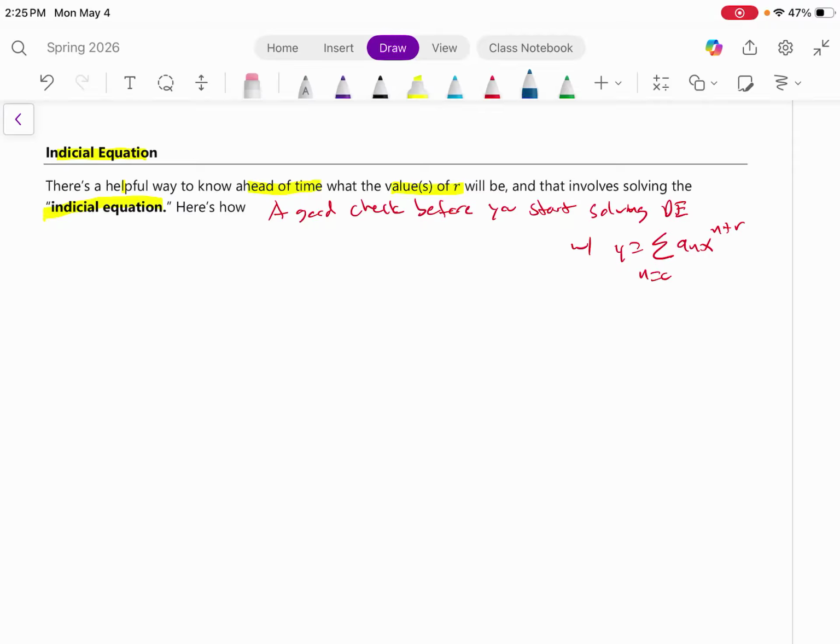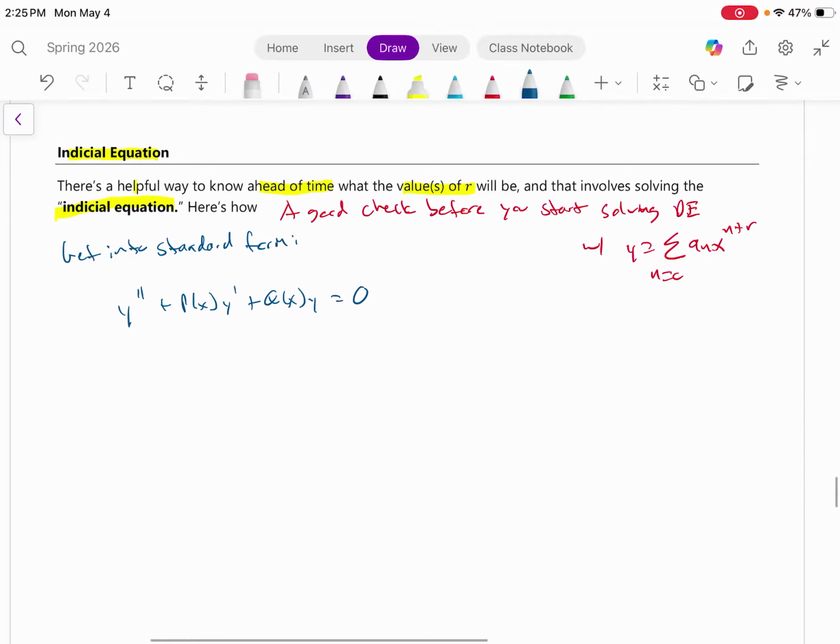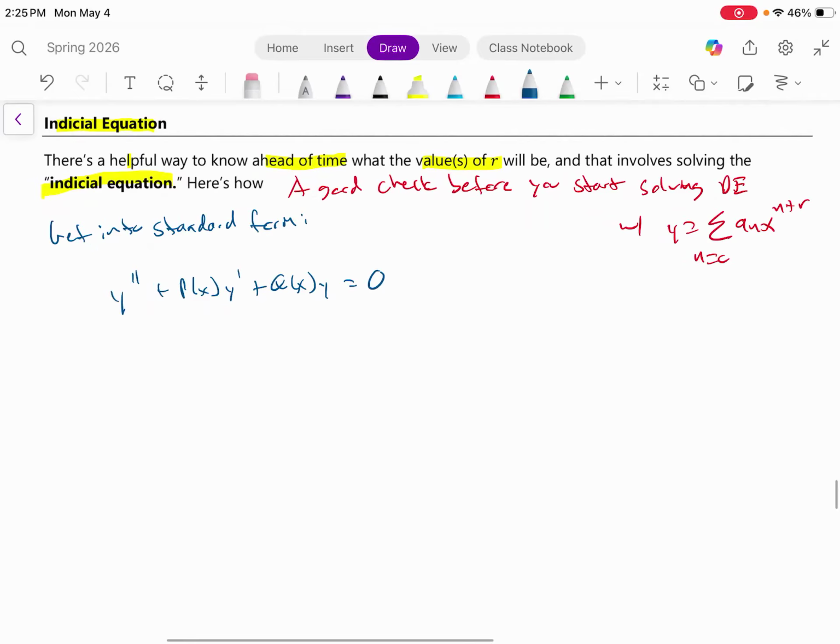Say you want to be in standard form, so get into standard form: y double prime plus p of x, y prime plus q of x, y equals 0. Similar to when you are verifying regular or irregular singular points, you're going to have a little p of x and a little q of x.